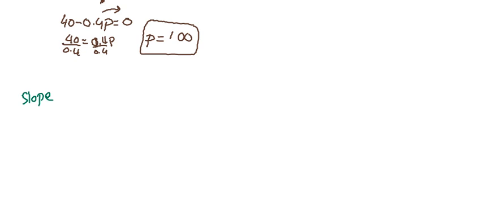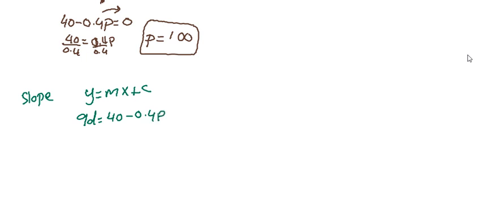We know that the slope is represented by m in the equation of a straight line, mx plus c. We have QD equal to 40 minus 0.4P, so the slope will be minus 0.4.